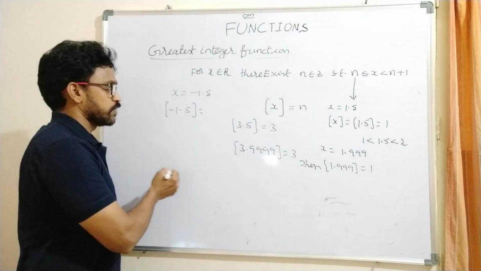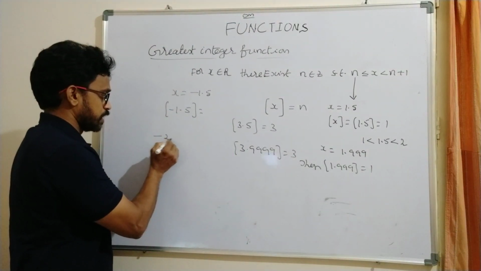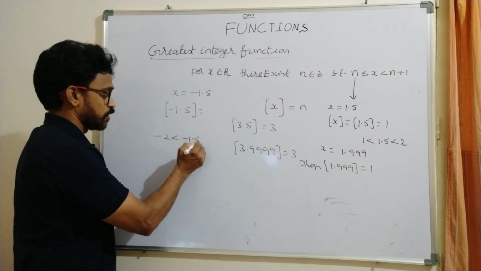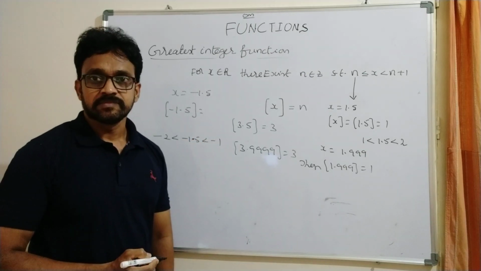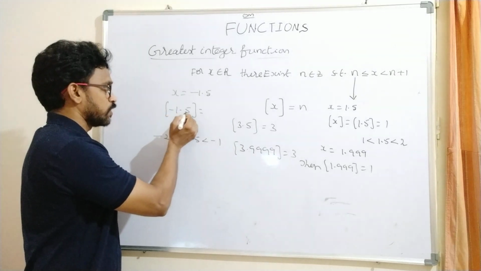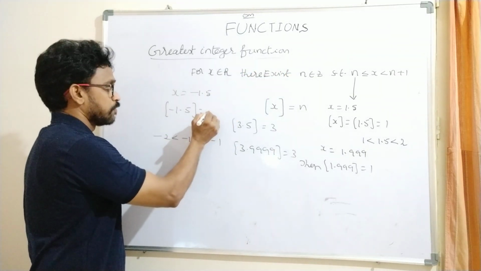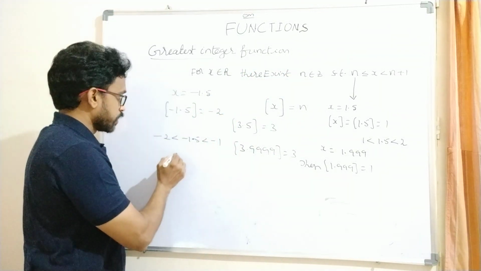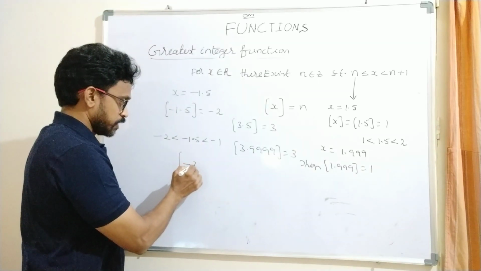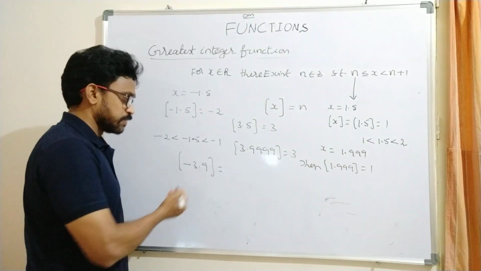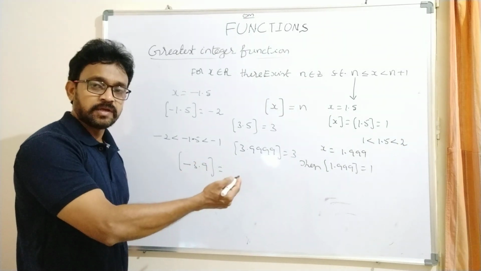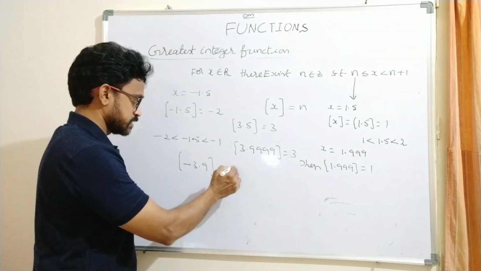Minus 1.5 very clear lies between minus 2 less than minus 1.5 less than minus 1. So very clear, step of minus 1.5, comparing with the condition, is minus 2. Okay, again minus 3.9. Very clear, this number lies between minus 4 and minus 3. So minus 4.